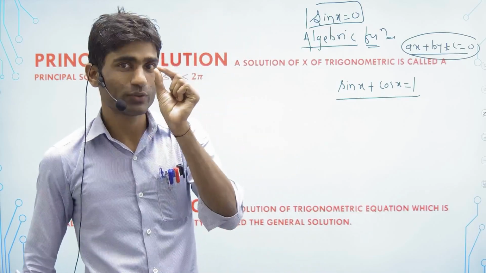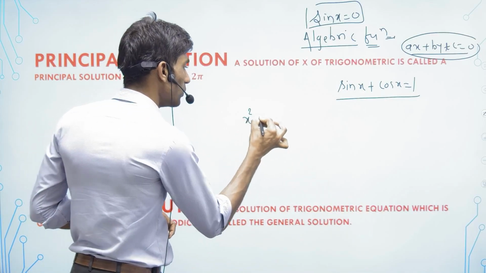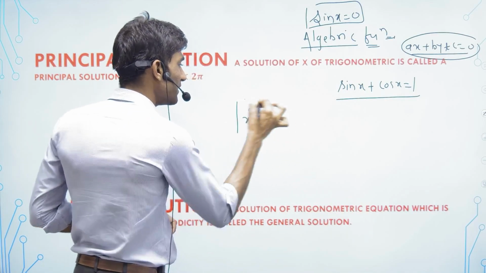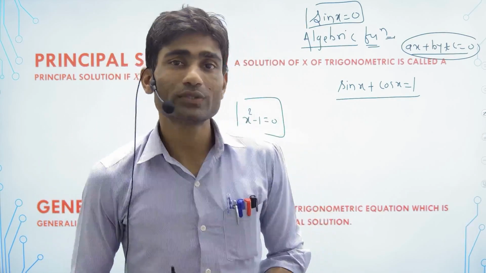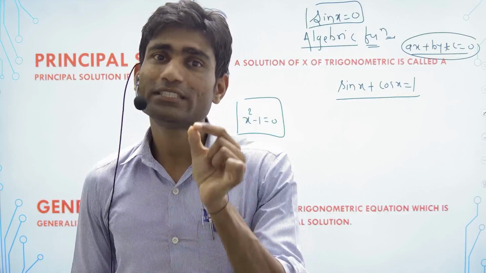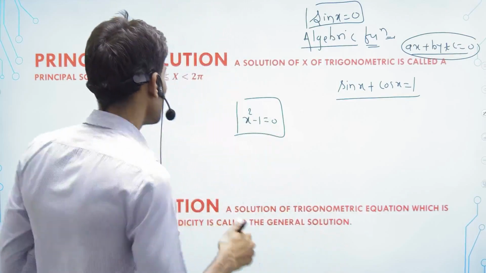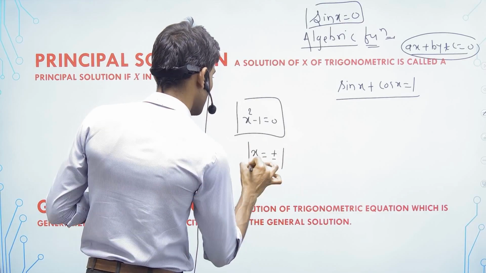Let's consider one algebraic equation as a short example: x square minus 1 equal to 0. If we substitute the value of x as plus minus 1, our equation gets satisfied. So x equals plus minus 1.